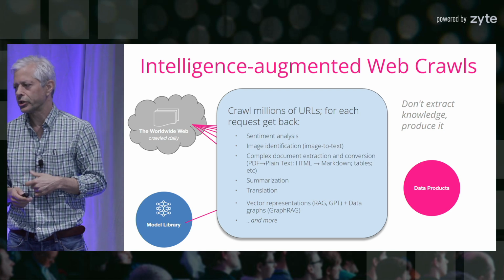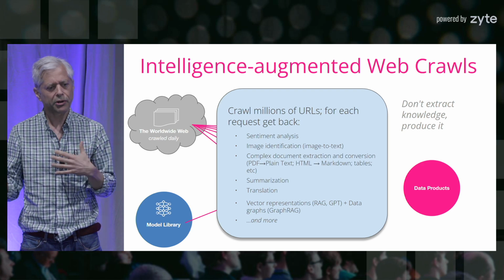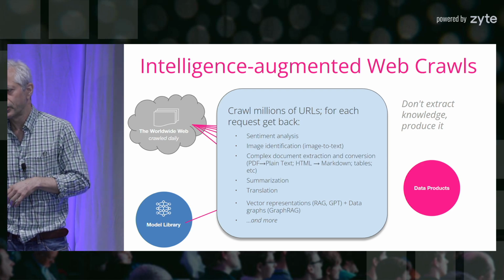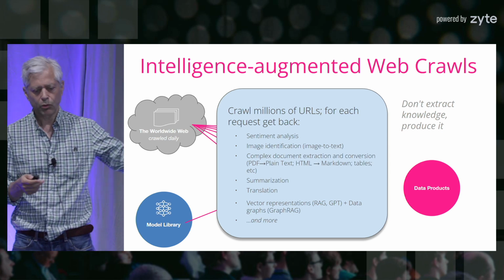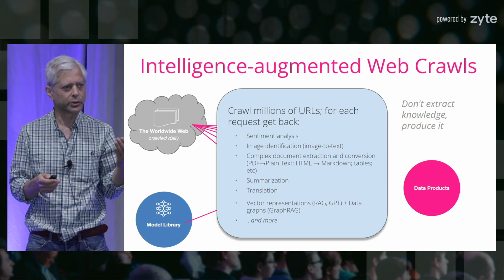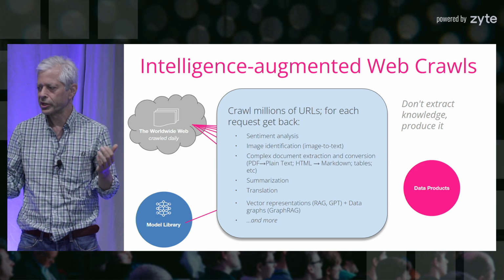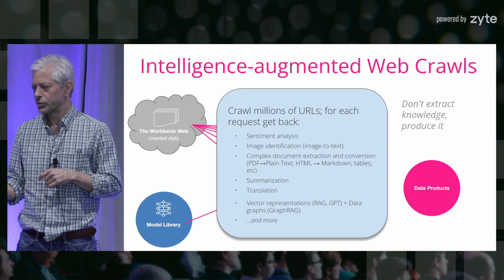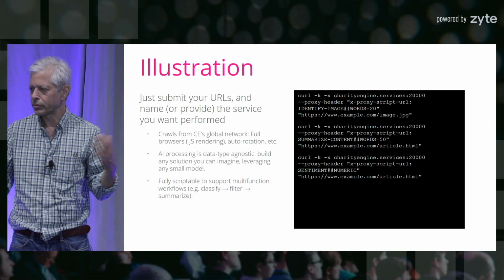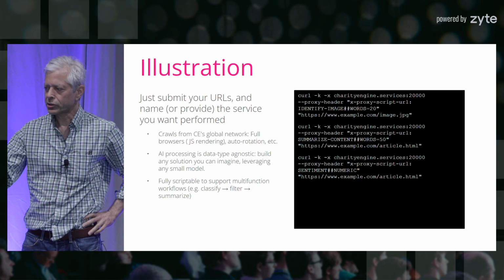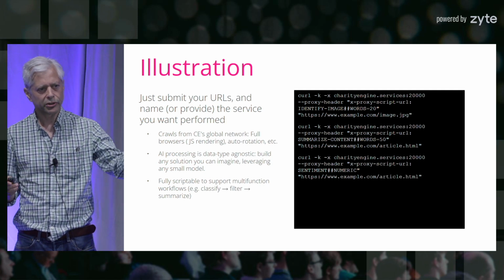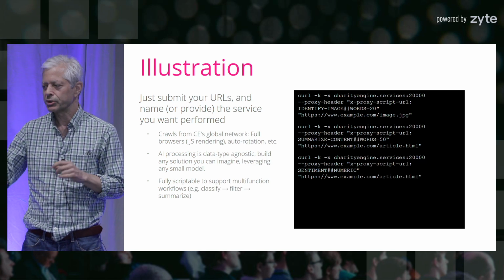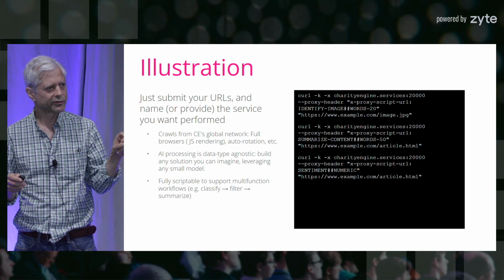In other workflows, extracting data from complicated documents, summarizing things, translating, taking web content and making vector representations, which is super useful if you want to build databases that are searchable in plain text or other kinds of RAG use cases. By way of illustration, to use this service, you just submit what looks like an ordinary proxy search request, except you can, in that request, name the application or the service that you want to use.